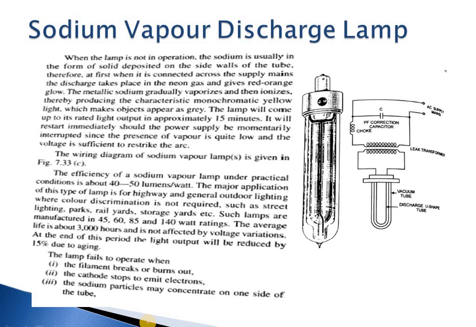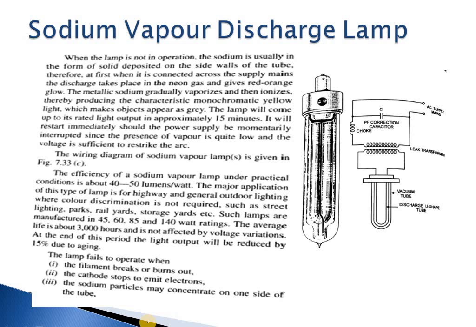Now when the lamp is in operation, the sodium is usually in the form of solid deposited on the side walls of the tube. Therefore, at first when it is connected across the supply mains, the discharge takes place in the neon gas and gives a red-orange glow.